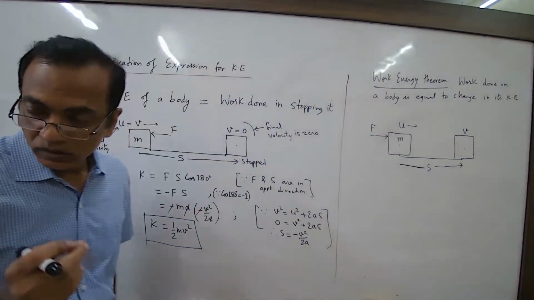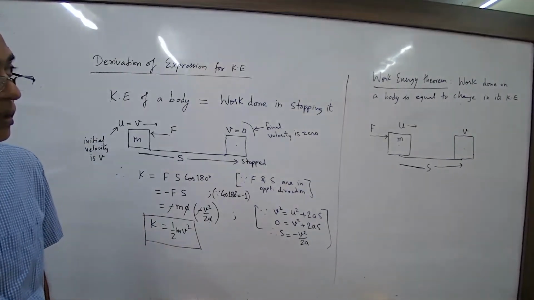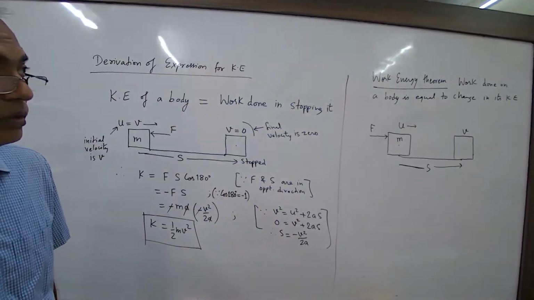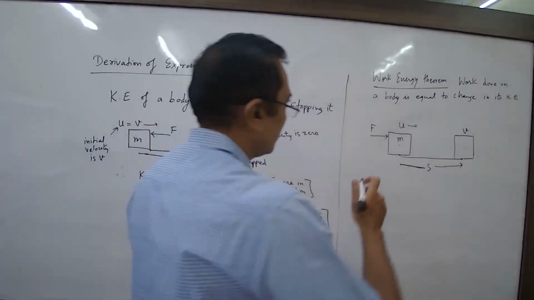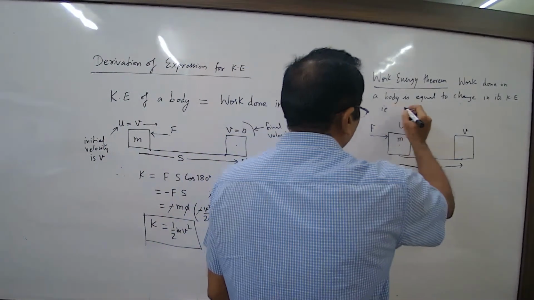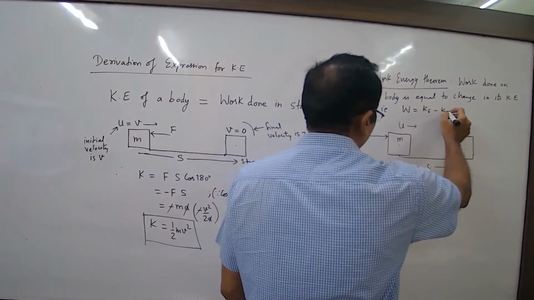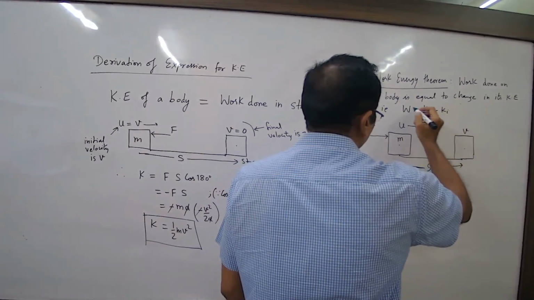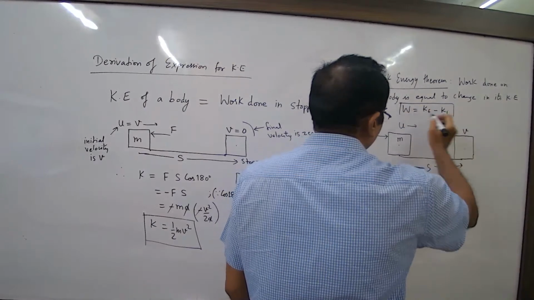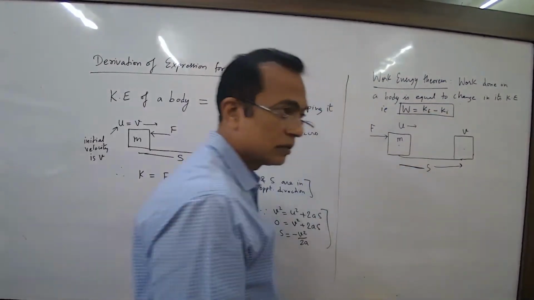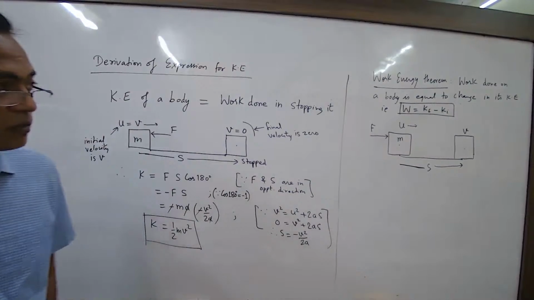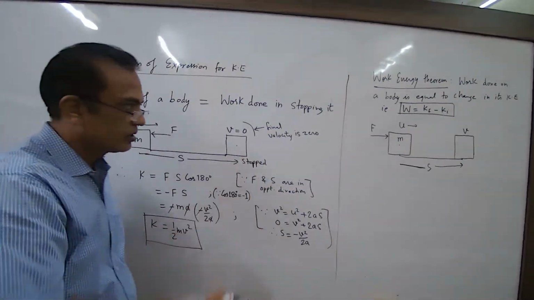Right? Work done on a body is equal to change in its kinetic energy. That is, W is equal to K final minus K initial. So this is the change in kinetic energy. Now let us see. Let's prove.